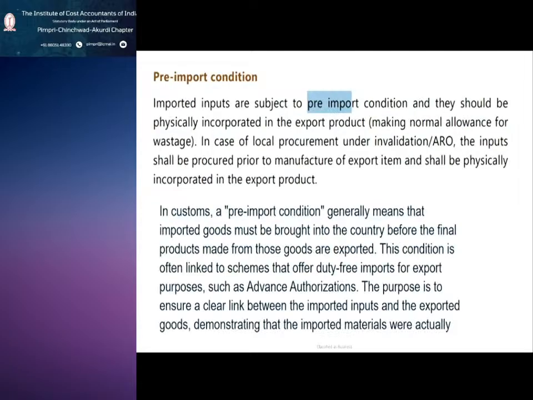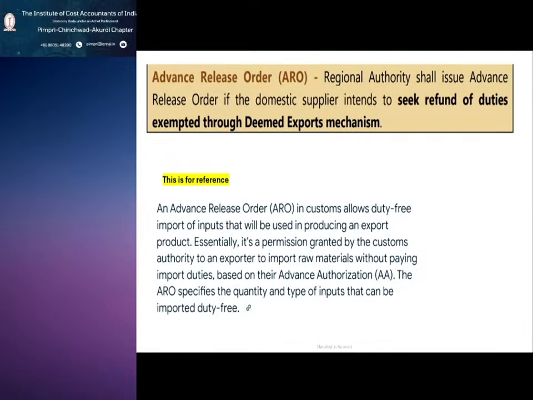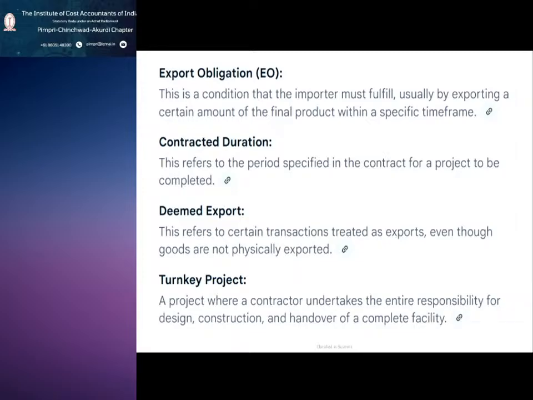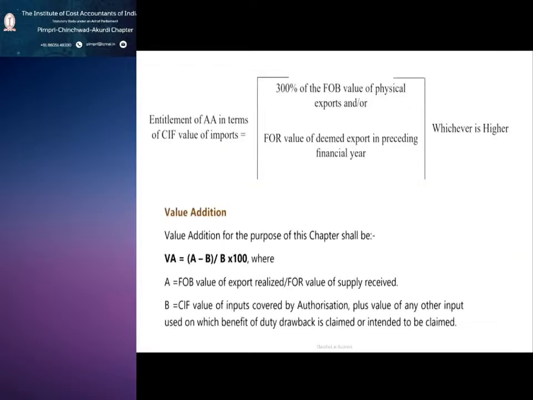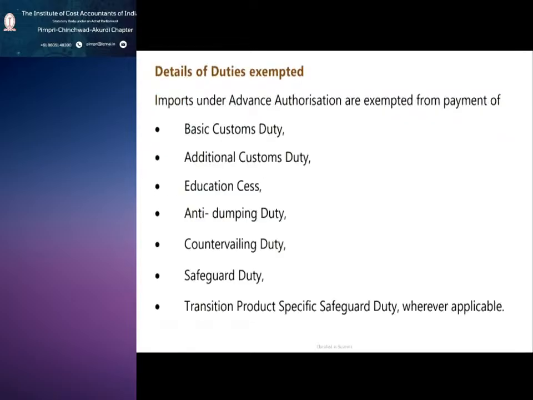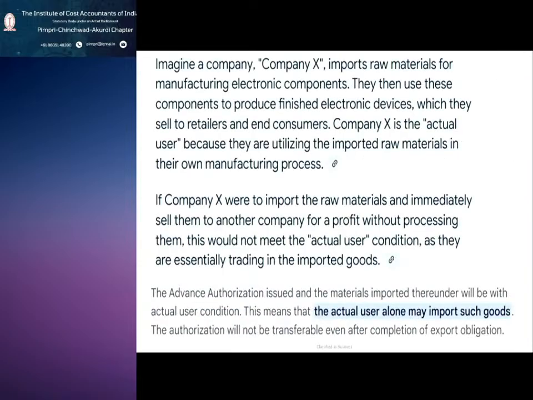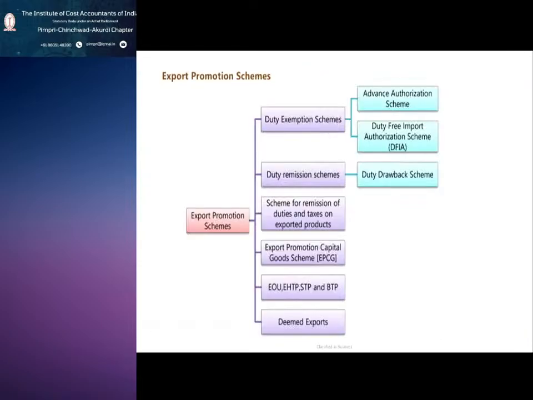So fine, from yesterday we were into this foreign trade policy, the advance authorization. There are many new terms like AEO, actual user condition, pre-import condition. These are the major repetitive terms, because they will not be there only in the advance authorization, but in whatever schemes we go through continuously. You can have a look at these schemes.